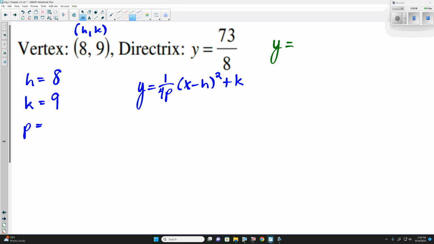Now in the general form, our directrix is y is equal to k minus p. So for us here, k minus p's value should be what?